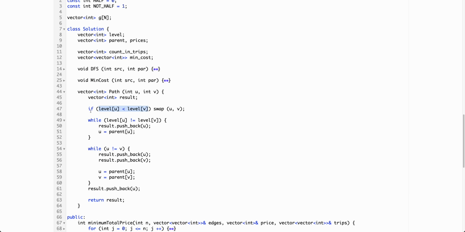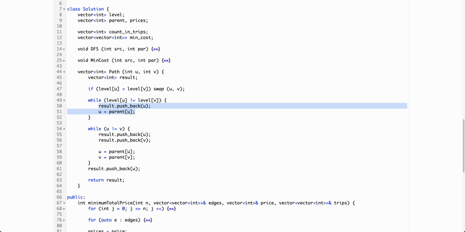Now, once we know that u's level is always greater than or equal to v, we can simply make the transitions for u, right? And once the levels of both of them are equal, we will just simply go to their parents one by one until they actually match to a single ancestor.